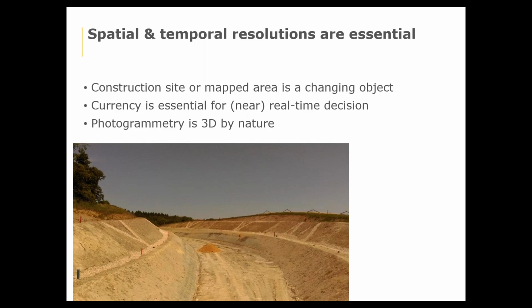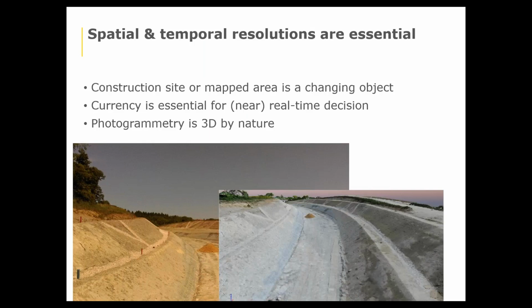And another interesting point is photogrammetry by definition is 3D by nature. It means that any site, and we have a small example here, which is a road under construction, any site is 3D. And the good news is that all your data and then your decision will be based on the 3D information.